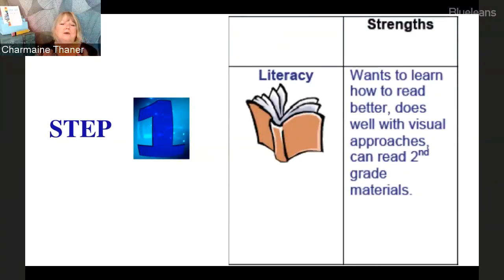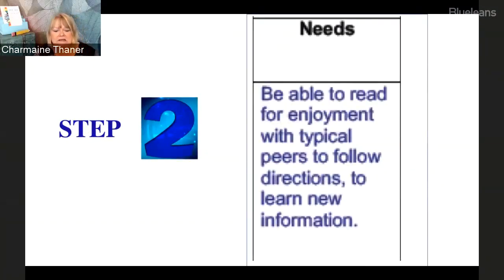So again, we want to start from that base of what the child's strengths are. And then we're going to look at needs. For this child, we said he really needs to be able to read for enjoyment with typical peers. He needs to be able to follow written directions, and we want him understanding that when he reads, he can actually learn new information.